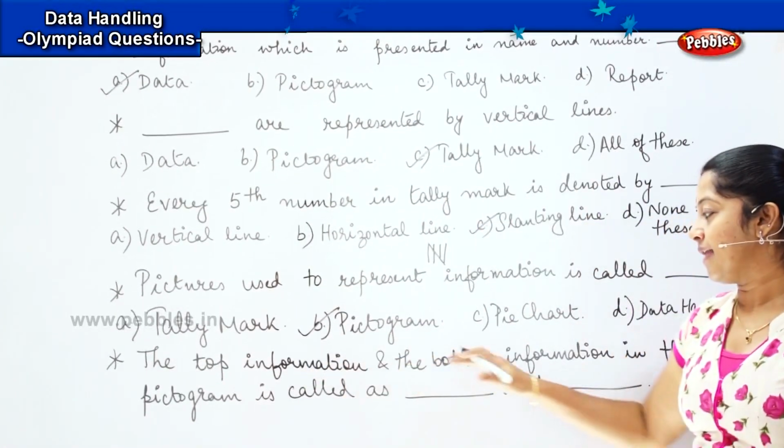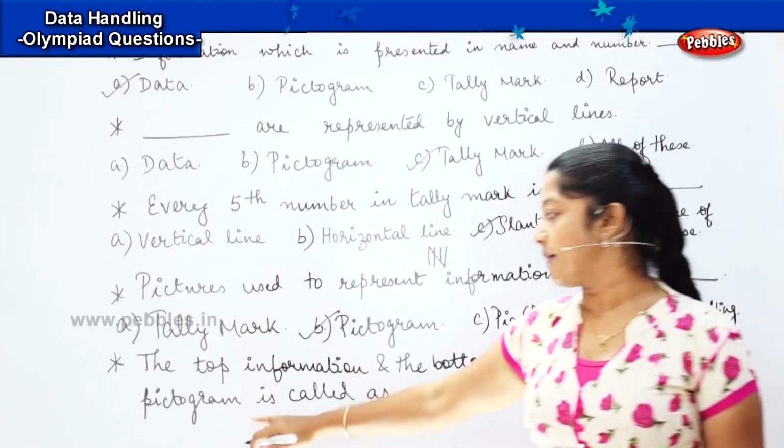The top information and the bottom information in the pictogram is called as dash.